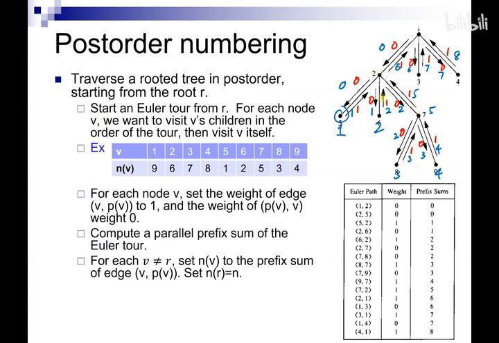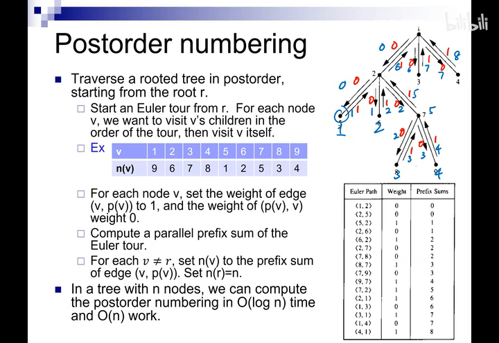Each time we go back up to a node through one of its children, we want to increase the post order of this node by 1, or actually by the number of children that we visited through this path. And by putting 1s on all of these up arrows, this is what we accomplish. Again, the complexity for this is going to be order log n time and order n work.